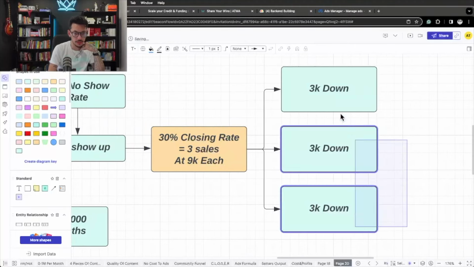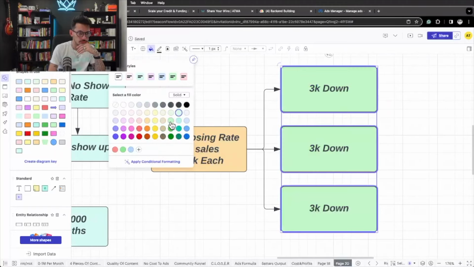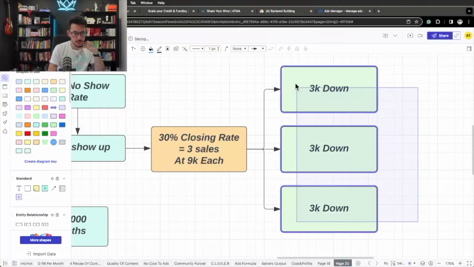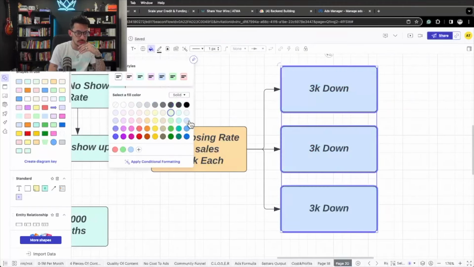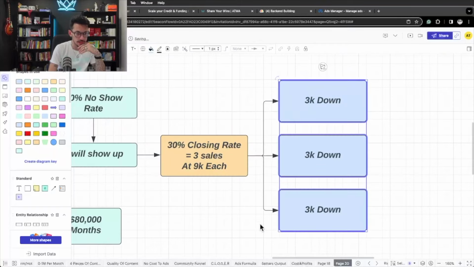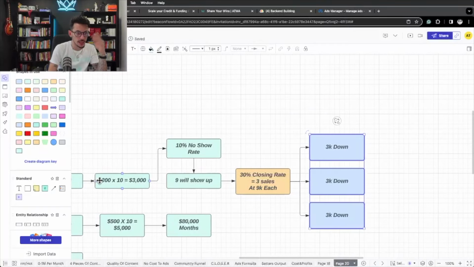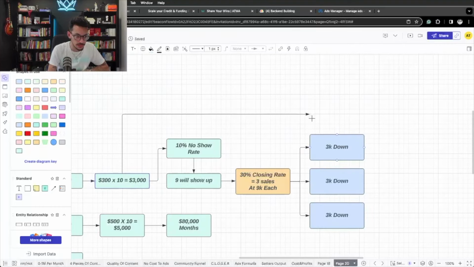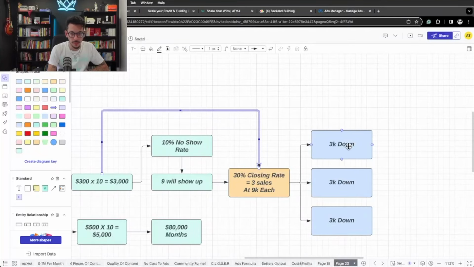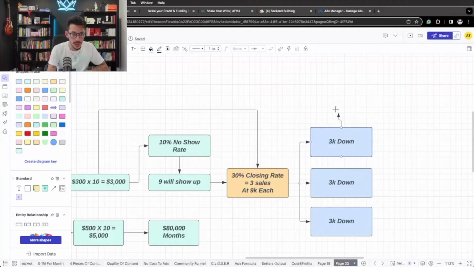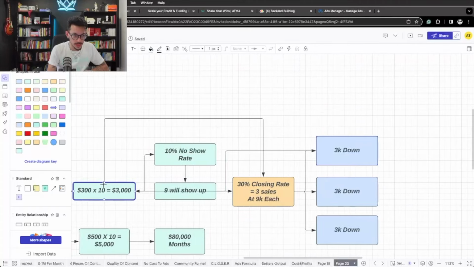And they all give you 3K down. The reason why this works and you can keep spending and spending is because you technically spend $3,000 to close this many people, and then pretty much one of you guys paid for this ad spend. That's why it goes back and forth, right?